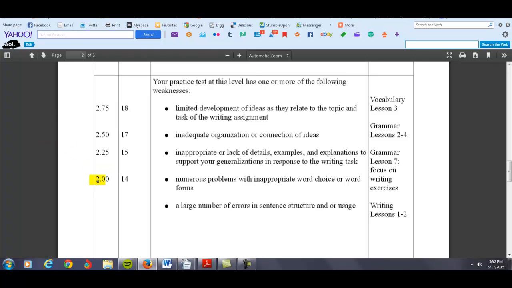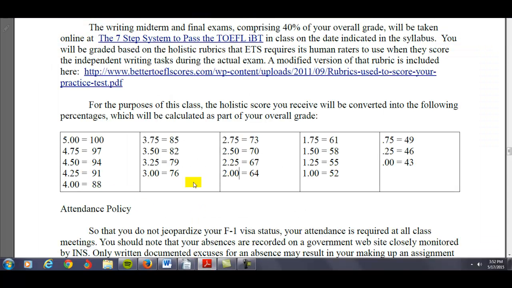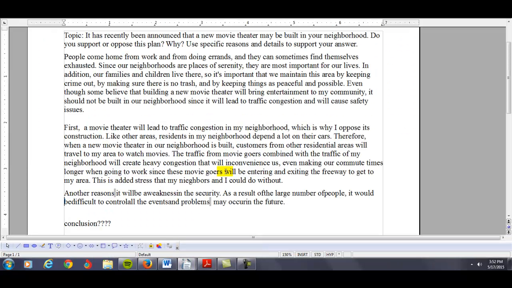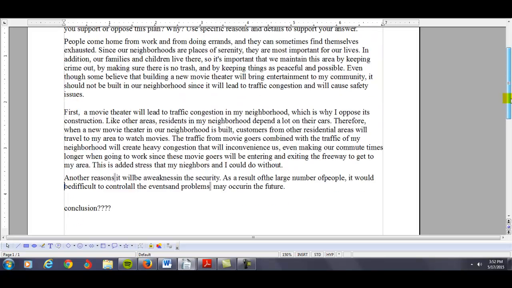Alright, so again, your score here is 2.0 out of 5, 14 points out of 30. Now for the purposes of our class, this is going to put you at 64% out of 100. So your goal again on the final exam is you want to follow my lead.